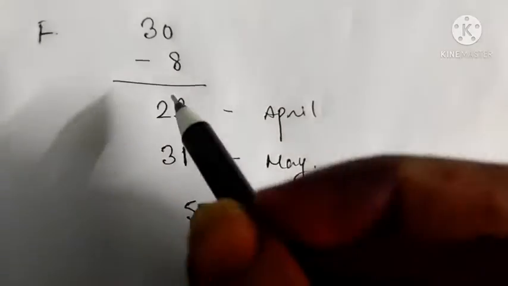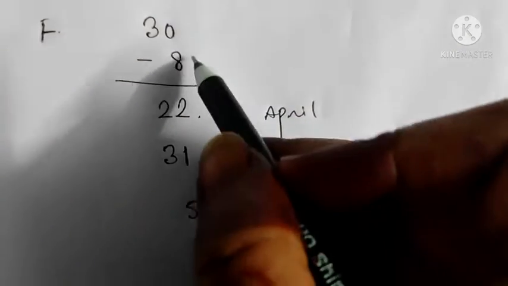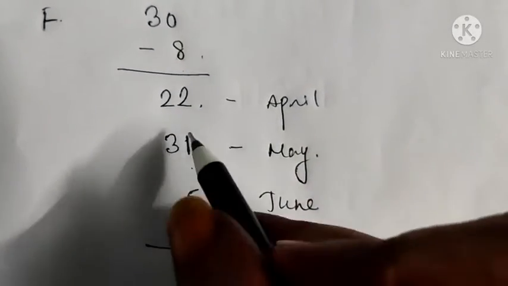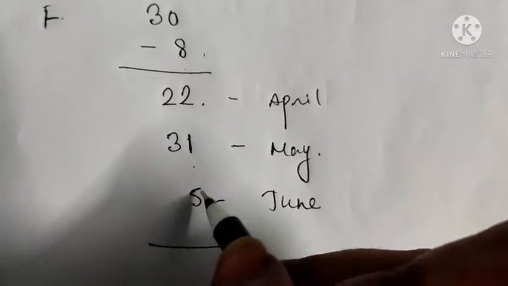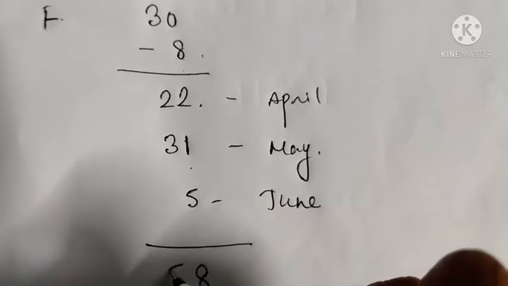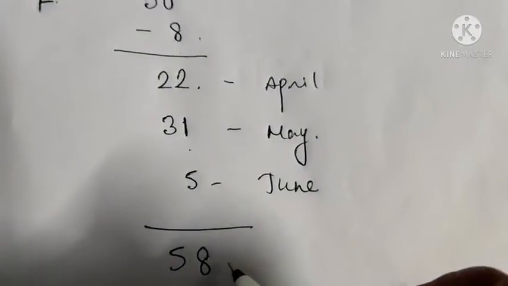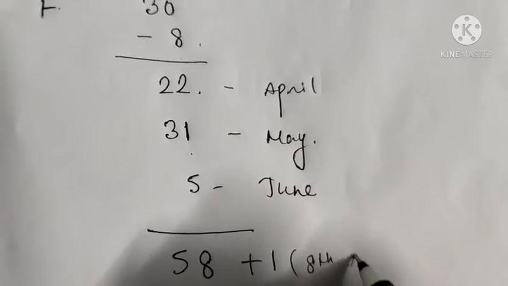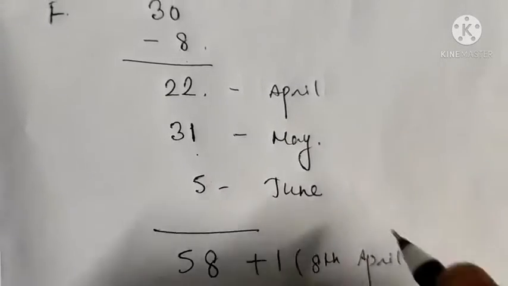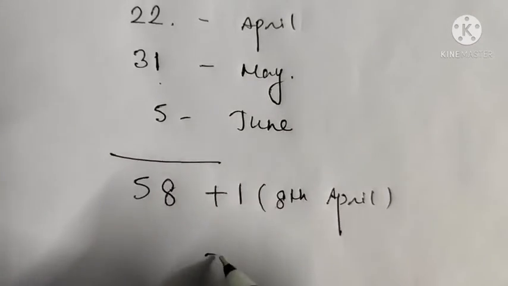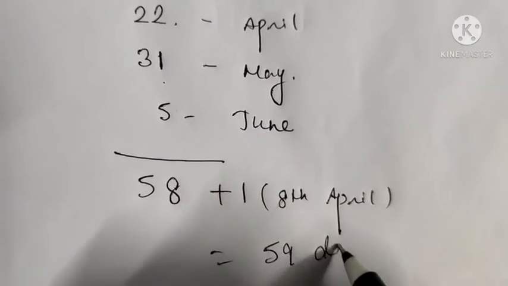And as the question asks from 8th April, we will also include 8th April, so we add 1 day. So 22 plus 31 plus 5 plus 1 for 8th April. So this is 59 days.